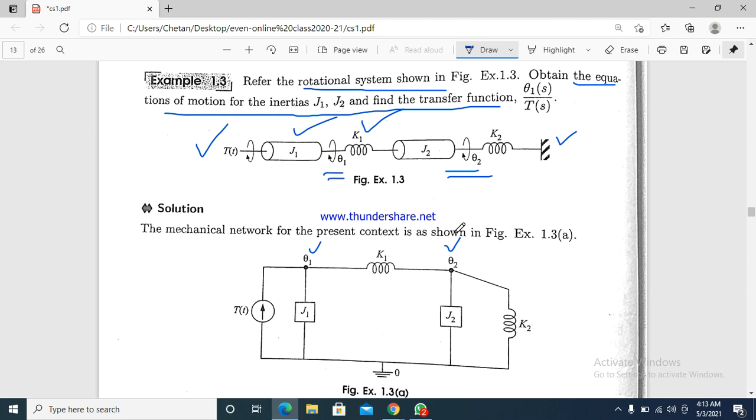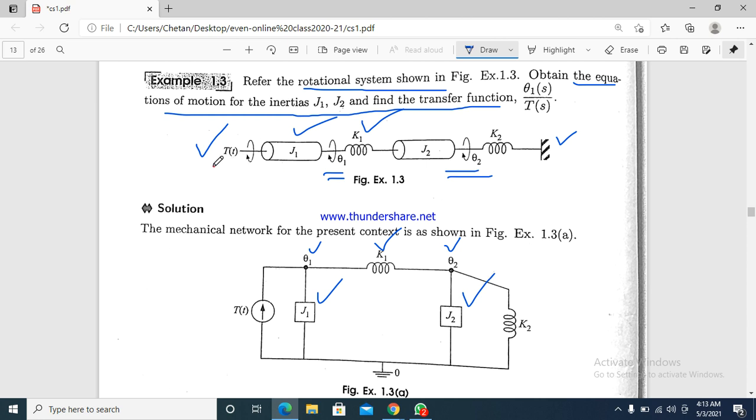I have represented theta 1 and theta 2 as points, and in between theta 1 and theta 2 you have the spring K1, and below this theta 1 you have mass m1. This mass m1 is represented by J1, and below this theta 2 in place of mass m2 they have represented inertia J2.